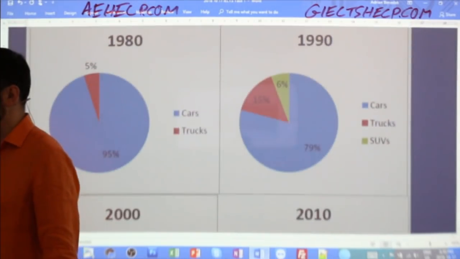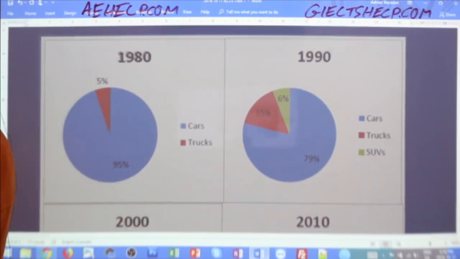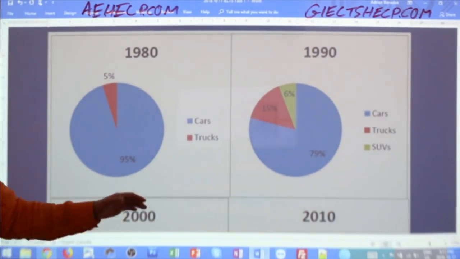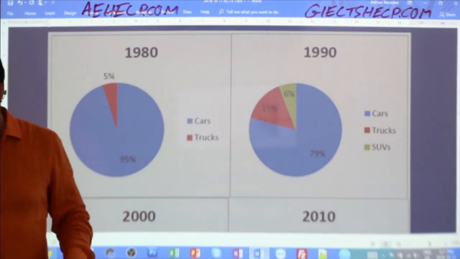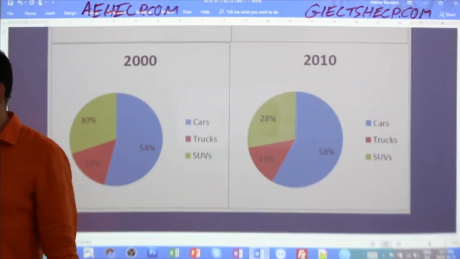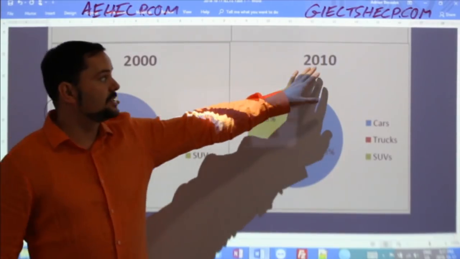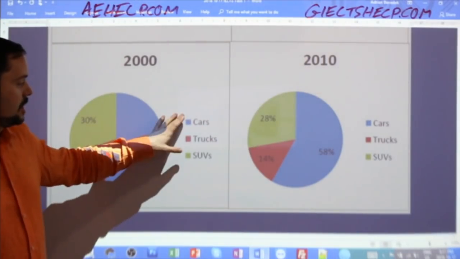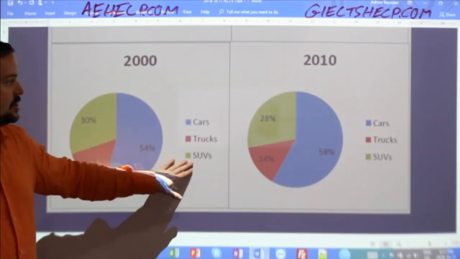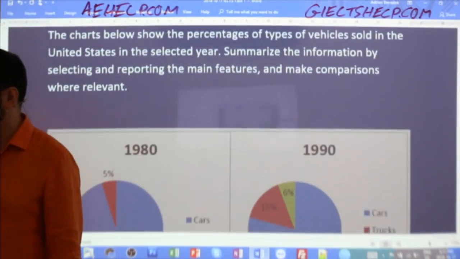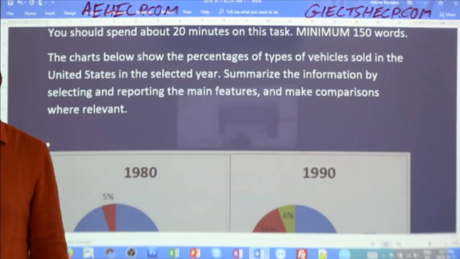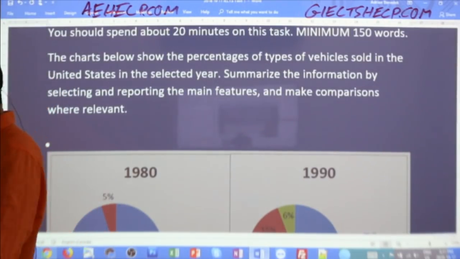So let's take a look at these pie charts. We can see that here it's 1980, here it's 1990, and we have 4 of them. We have 2000, 2010, and then we have cars, trucks, SUVs, okay? So those are the cars. So how should I paraphrase, okay? What is my overview here?